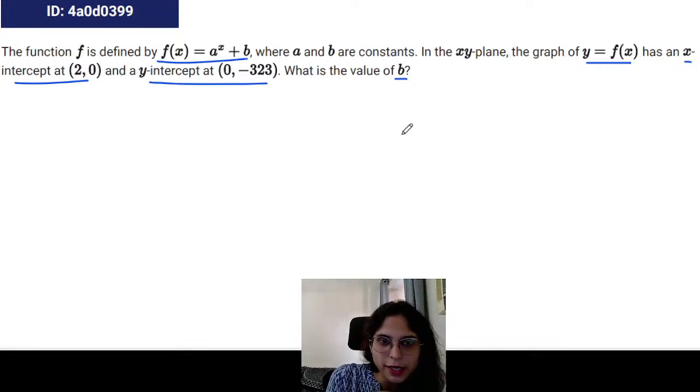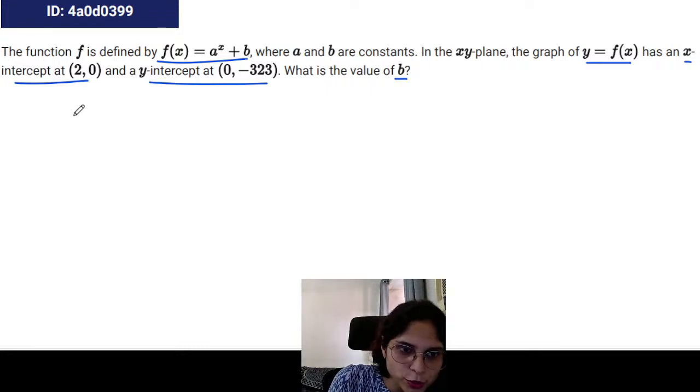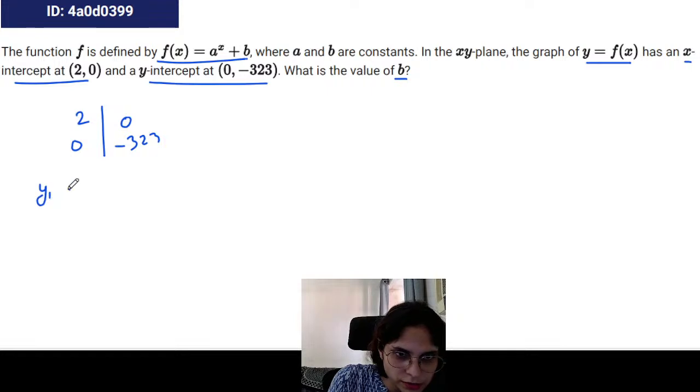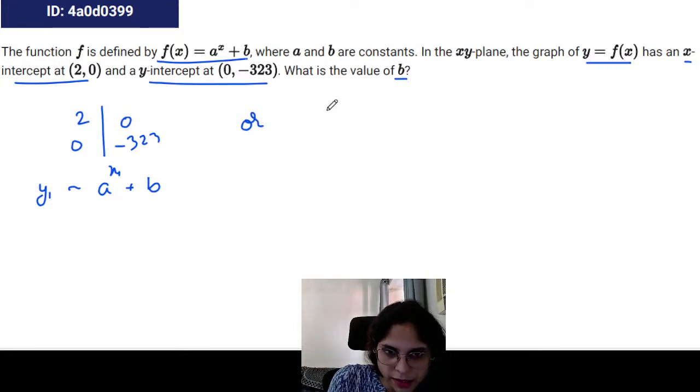So now over here, there are two parameters, a and b. Two points are given. You can directly use those two points. You can make the table: (2, 0) and (0, negative 323), and write y1 is a to the power x1 plus b. Or because you have to get the value of b, we will be using the y-intercept.